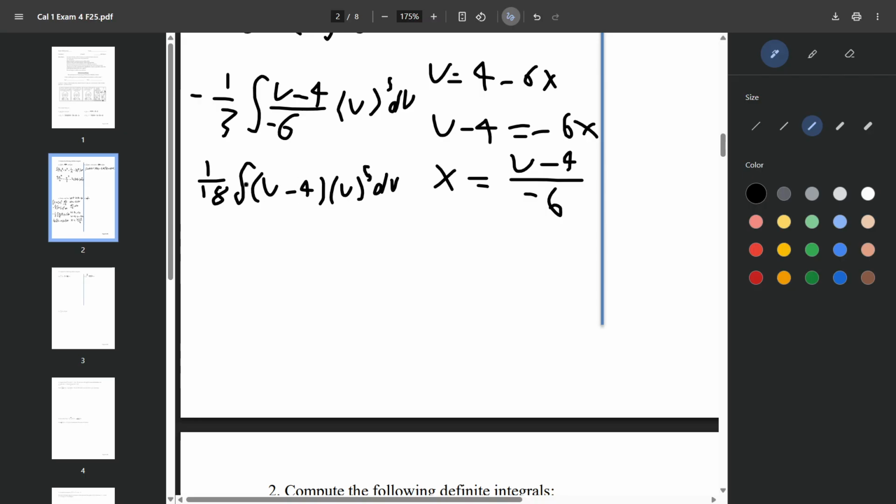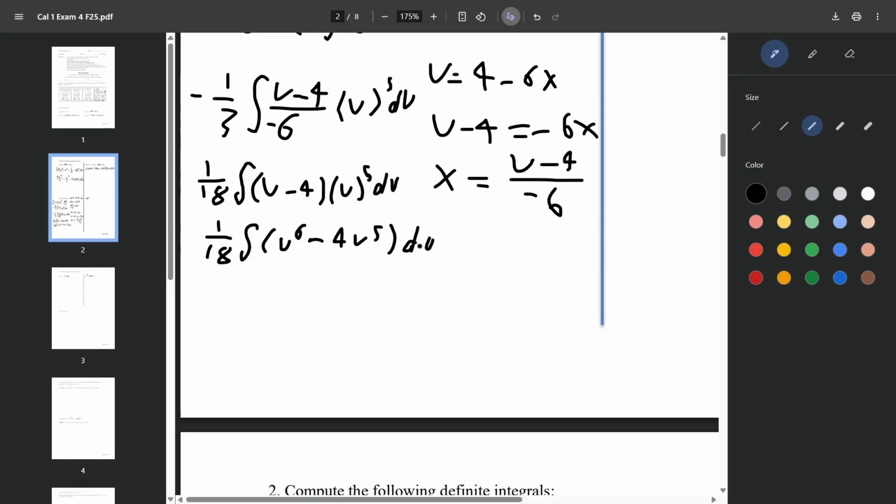And now the easiest way to do the rest of the problem would be to multiply these two together. So 1/18 integral of u to the 6th minus 4 u to the 5th du.